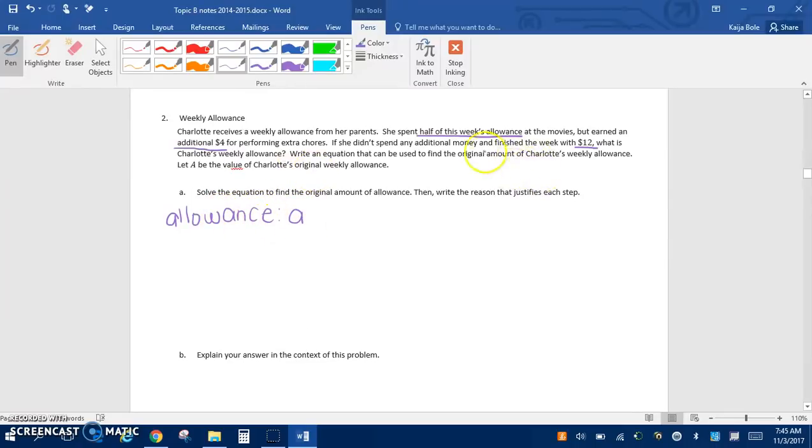So there's a lot going on. They're talking about 1/2 of the allowance, but then she got $4 more. Alright, so we're going to go one step at a time here. So she spent half of the allowance. So that means that is 1/2 A, or you could write it as A over 2. But then she got an additional 4, so additional means to add $4, and this all equaled 12. That's what she finished with. So now if we solve for A, we subtract 4 from both sides.